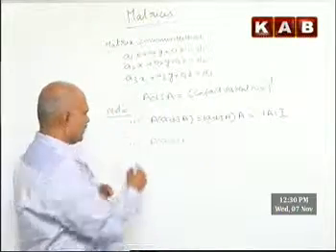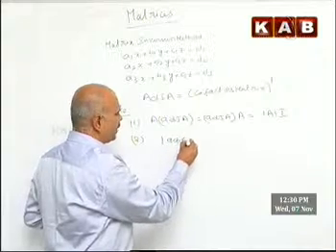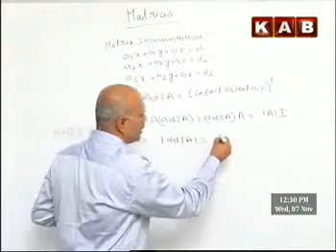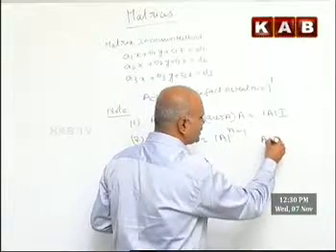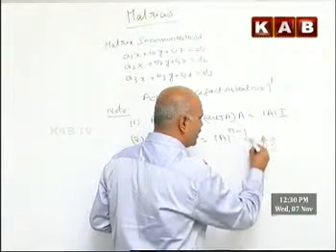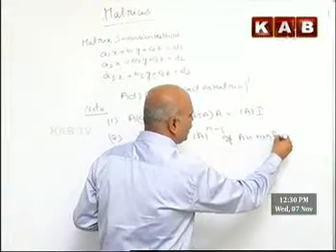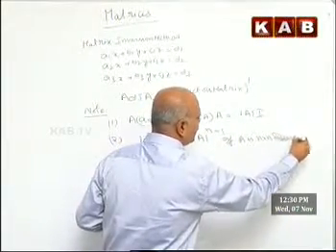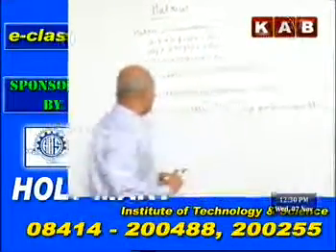Now the second note: determinant of adjoint A is equal to det A to the power of n minus 1, if A is an n by n order matrix. So this is the second point. I think you are understanding now.